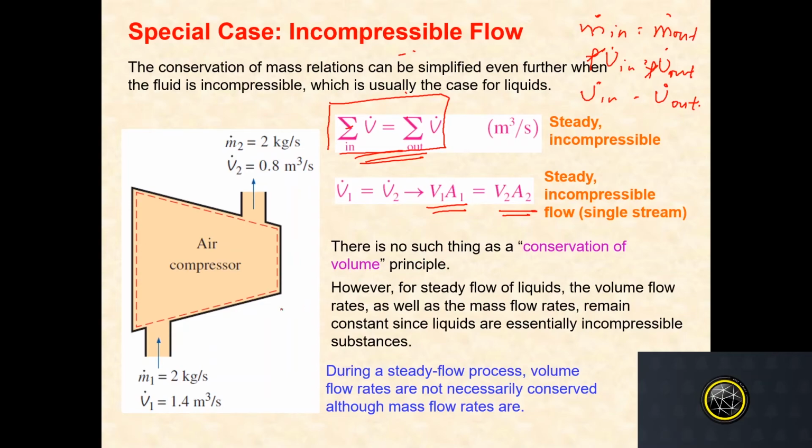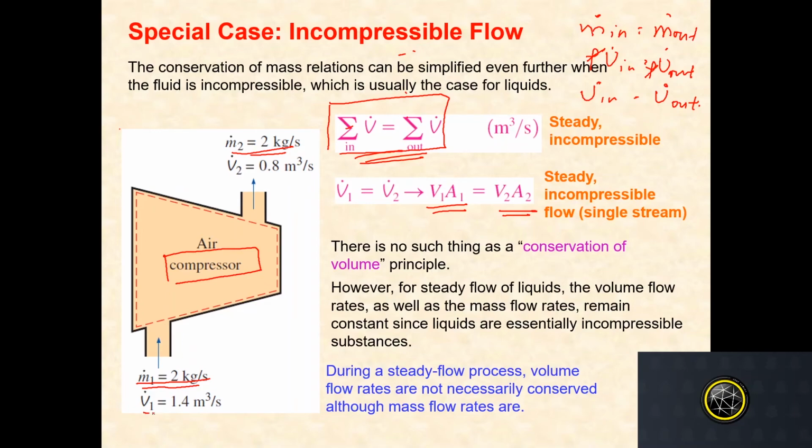From the figure on the left, this is an example of the case where the flow is compressible. Of course, you can see the word itself, compressor and compressible. From this you can see that the mass flow rate at the inlet is 2 kilograms, and the mass flow rate at the outlet is 2 kilograms. It fulfills the conservation of mass principle.